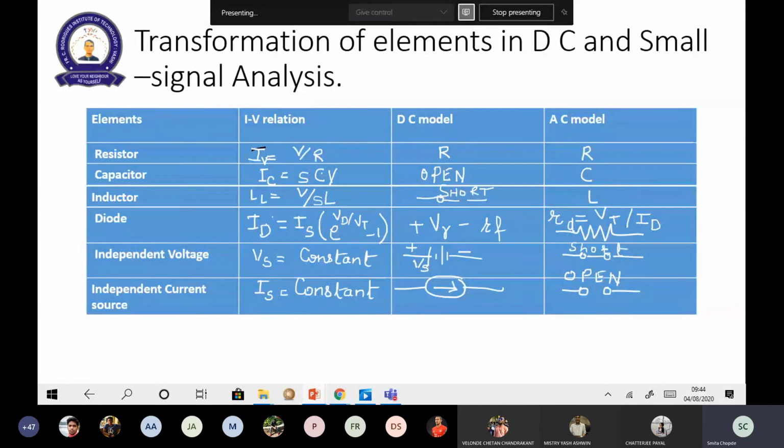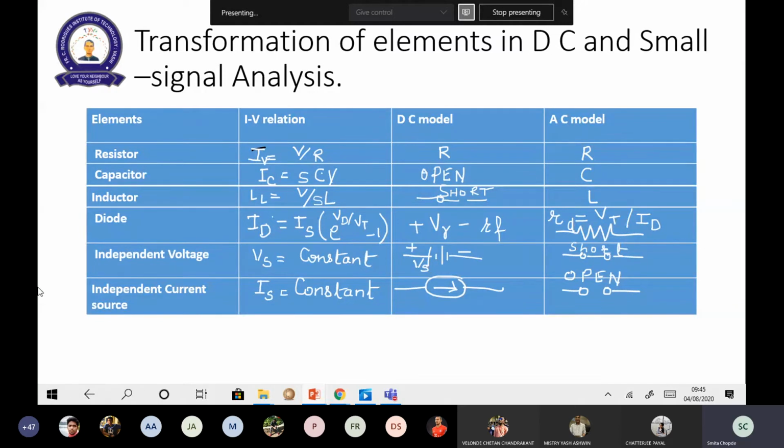Your diode works as a forward bias in the DC model with a voltage V gamma, and reverse bias voltage VRF, whereas in the AC model your diode behaves as a resistance RD, which is given by Vt upon Id. Id is the current flow when the diode is forward biased, and Vt is the temperature varying voltage, with a value of 0.026 volts.